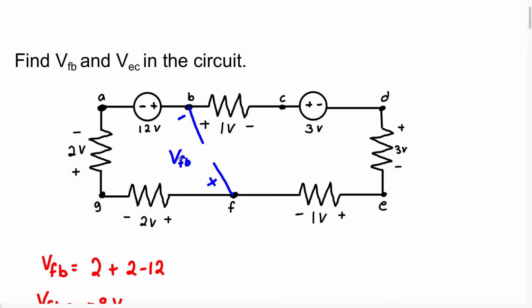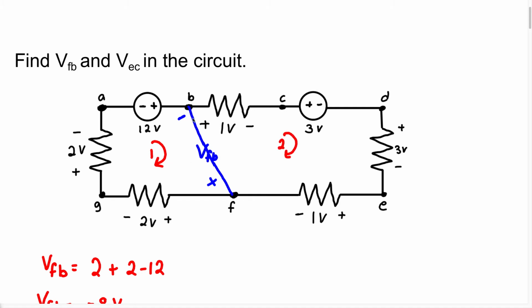If I was to move this, just for a split second, when you look at this circuit, how many closed loops do you think we have? Well, we have 3 closed loops. Do you agree? Our first closed loop is going to be right here, which is going to be loop 1. Our second closed loop is going to be this loop right here. This is going to be loop 2.